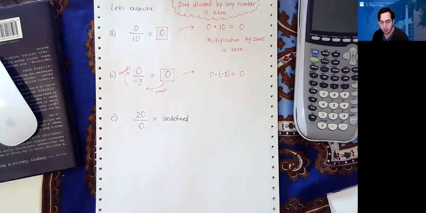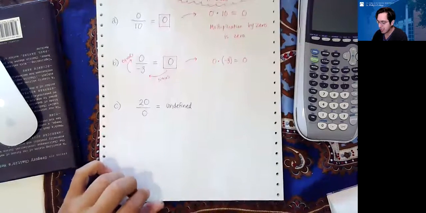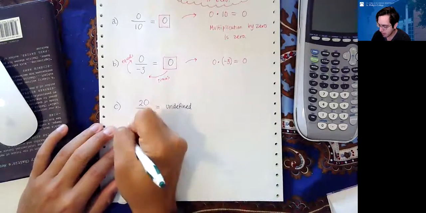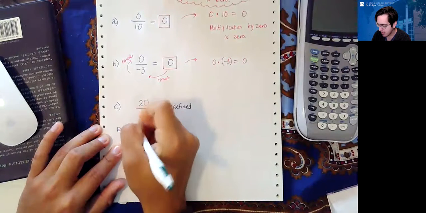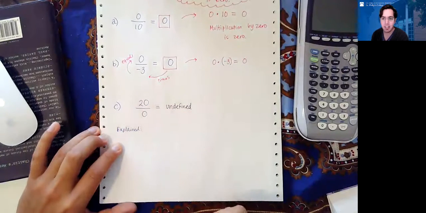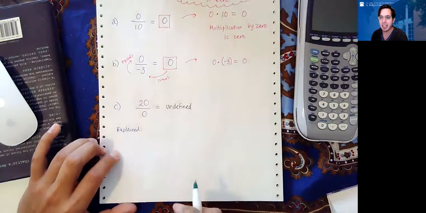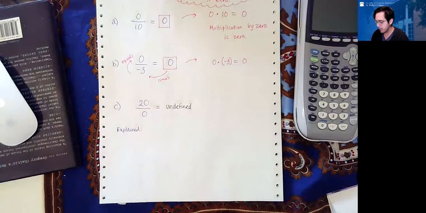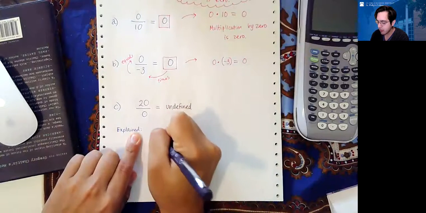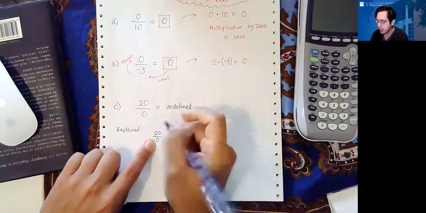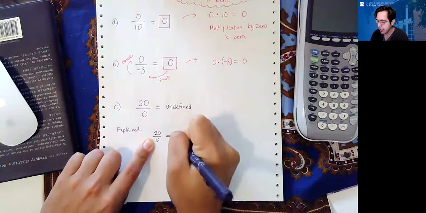This should make sense because of the following. How is it undefined? Okay, let me explain. Let's say that I had 20 divided by 0, and let's say that that is equal to some number x.